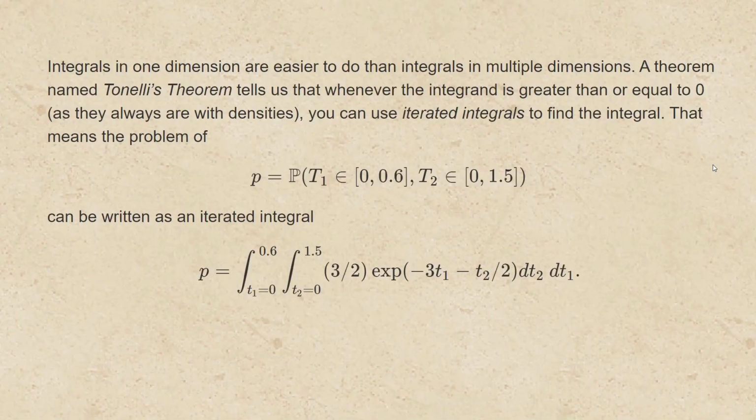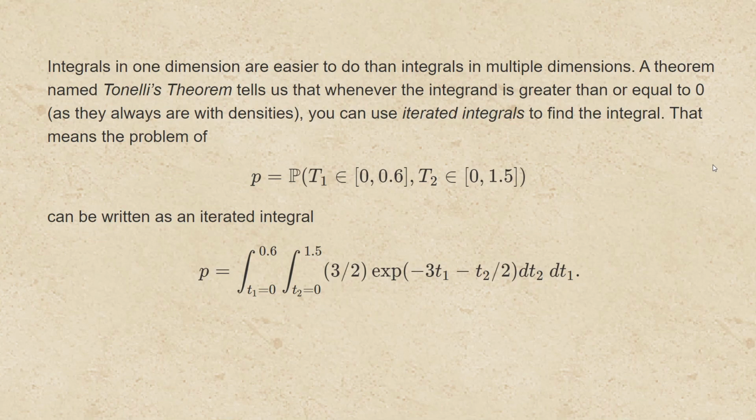Integrals in one dimension are easier to do than integrals in multiple dimensions. A theorem named Tonelli's theorem tells us that whenever the integrand is greater than or equal to 0, as they always are with densities, you can use iterated integrals to find the integral.